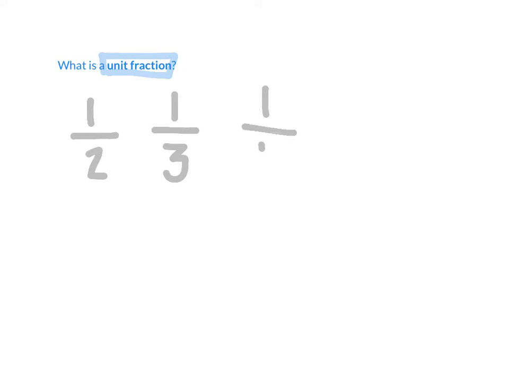Another unit fraction is 1/4. It means I have exactly one of the unit, and the unit is a fourth. What do you notice in common about my 3 unit fractions? Swarnima? The numerator is always 1. The numerator is always 1 because that tells me I have exactly one piece of that unit. Okay? So a unit fraction is any fraction where you have exactly one of the units.